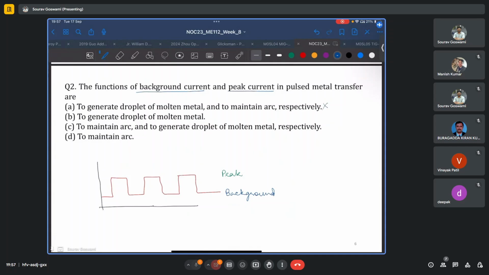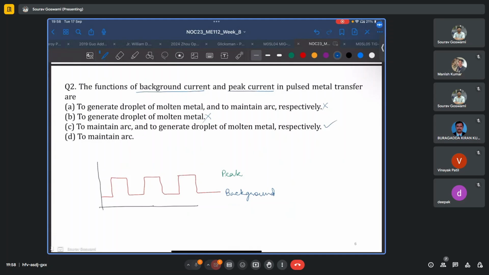Do both background current and peak current serve the purpose of generating droplet of molten metal? No. If we could have generated the molten metal at background current itself, we would not have any need to go to peak current. Does the background current maintain arc, whereas the peak current generates the droplet of molten metal? Yes, this is correct.